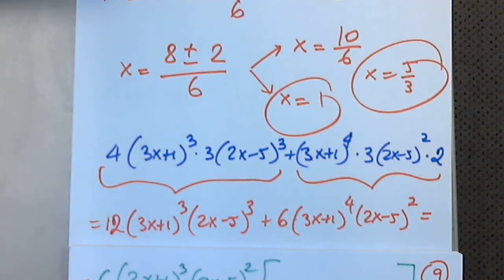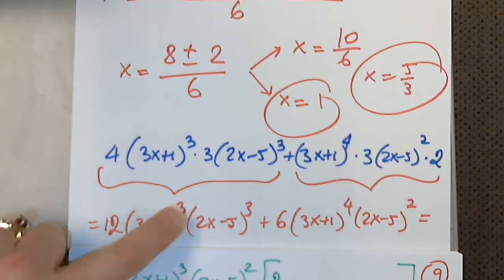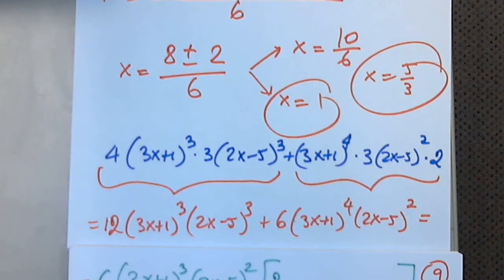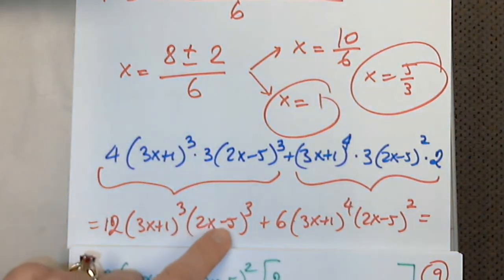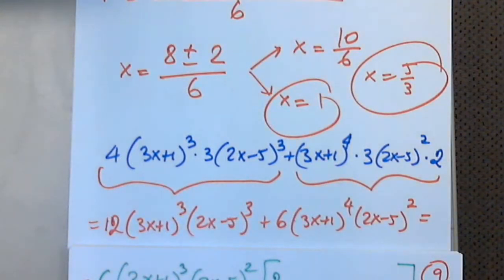And now please tell me what is left from the first term. From 12, I took out a 6. So what is left? A 2. 6 times 2 is 12. (3x plus 1) to the third and (3x plus 1) to the third. Anything left? Nope. From (2x minus 5) to the third, I took out 2 of those. What is left?